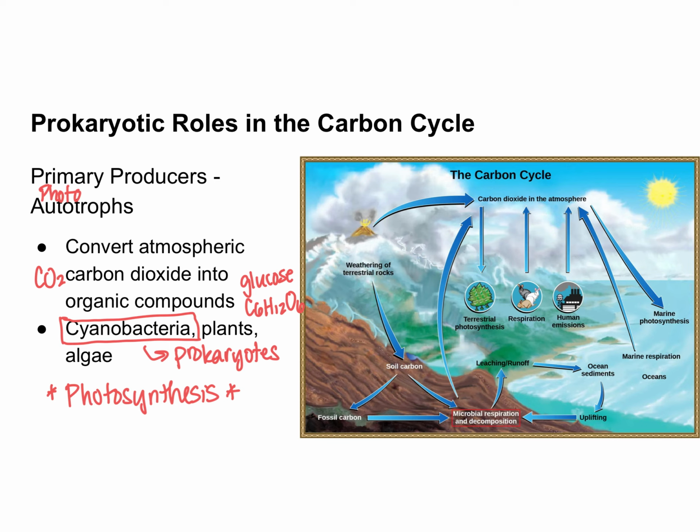So as these primary producers do photosynthesis, they're going to decrease carbon dioxide in the environment. So this can be either in the atmosphere or it can also be in an aquatic environment, so in the water. And then it's going to increase the carbon that is in organic compounds.